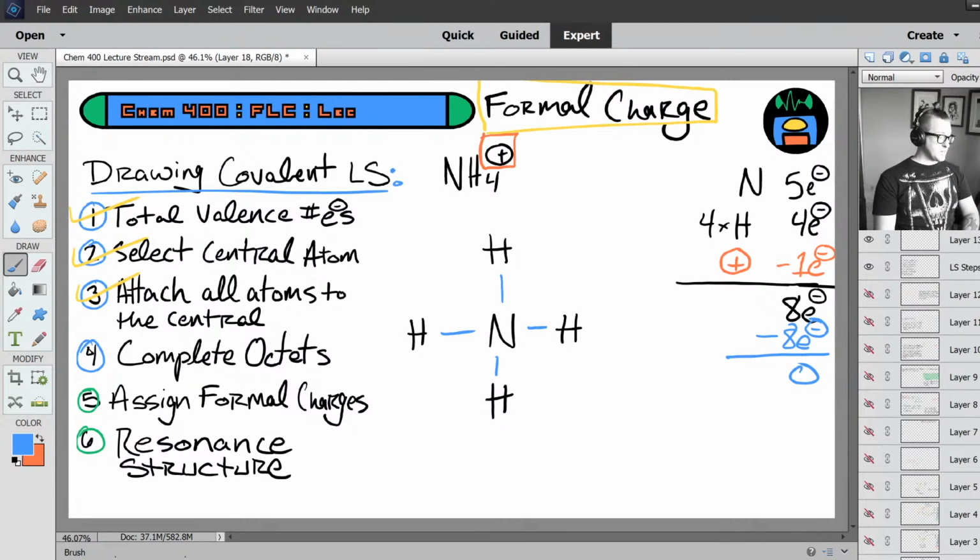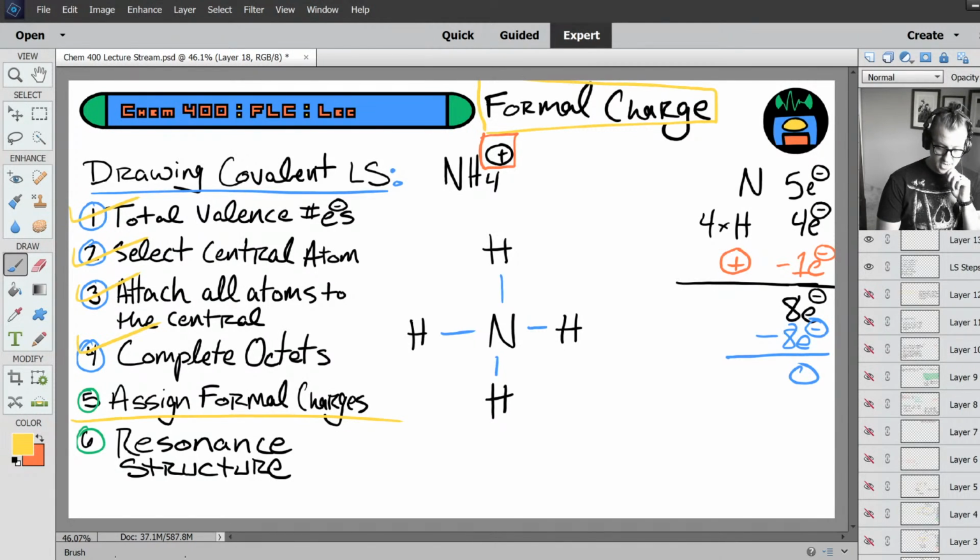That totals out our electron budget, right? We have no electrons left to spend. And now we need to complete our octets. One thing you'll notice is that everybody has a full octet. Each hydrogen has access to 2 electrons in the 1 single bond. Nitrogen, the central atom, has 4 single bonds, 2 electrons per. That's access to 8. So our octets are actually complete.